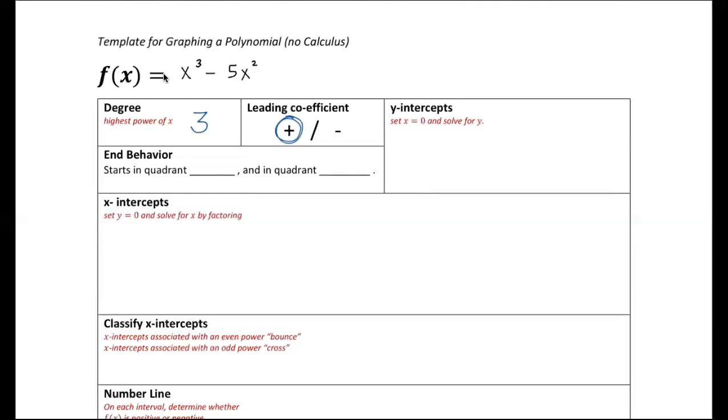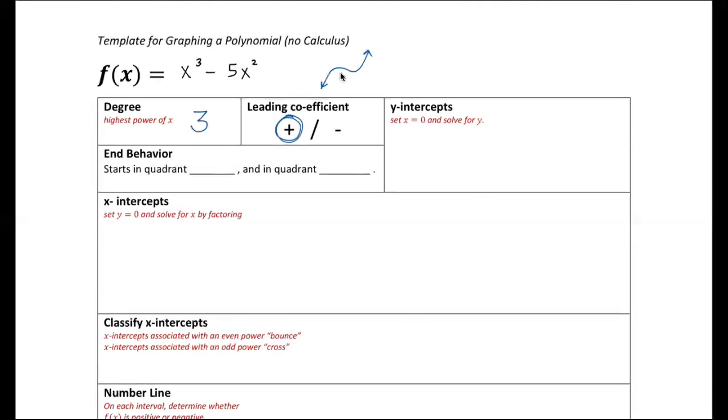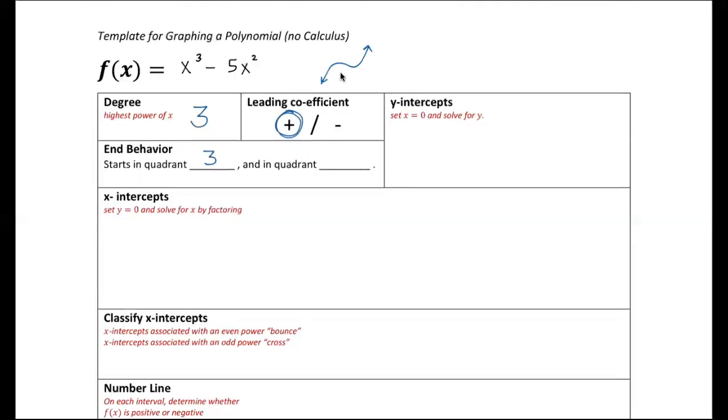Okay? And if you watched the last video, if I have an odd degree and a positive leading coefficient, that means that it's going to start, let me draw a little picture. We know it's going to look something like this, and how much it wiggles and dips here in the middle, we're not exactly sure. But it's going to start in quadrant 3, which is the bottom left.